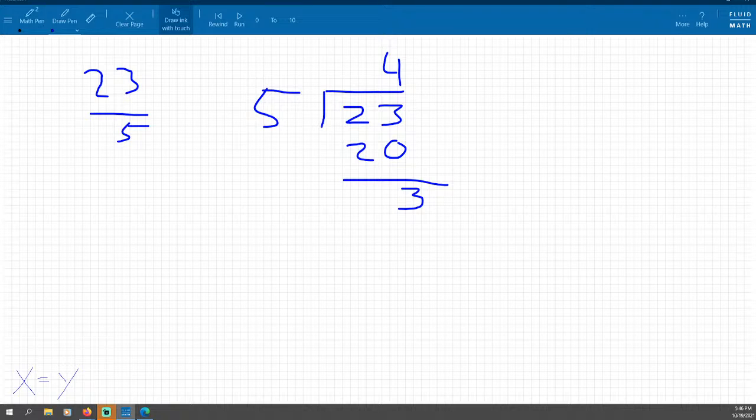This is where you want to stop though. Like in traditional algebra, you would drop a 0 down and say 5 goes into 30 6 times. You would draw a point here, so you'd have 4.6. We're just doing the fraction. However, 4.6 is the correct answer for this.